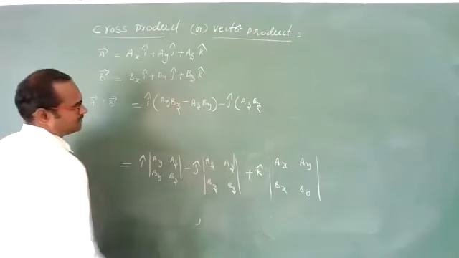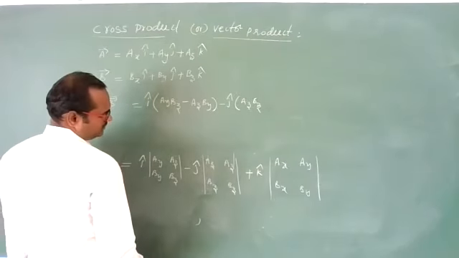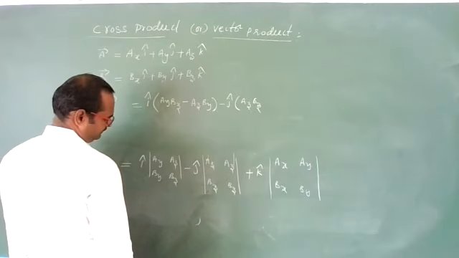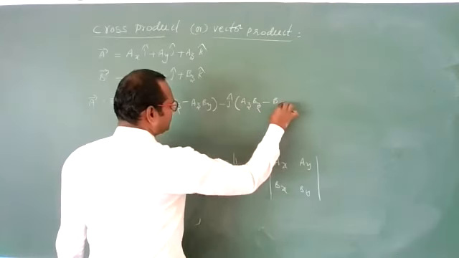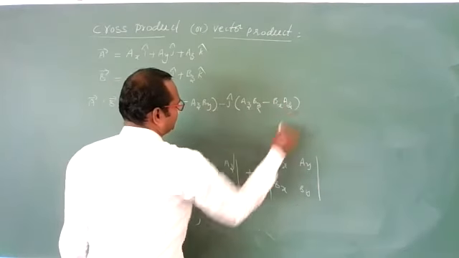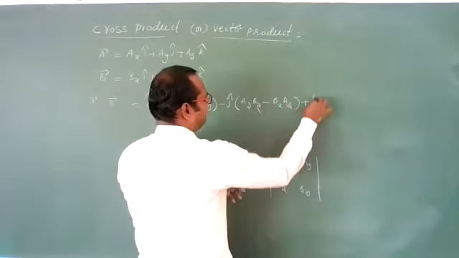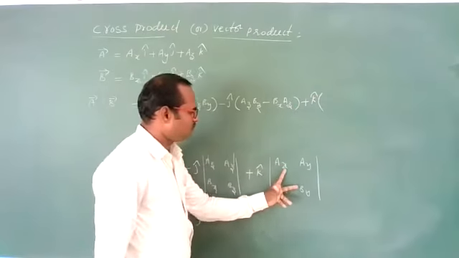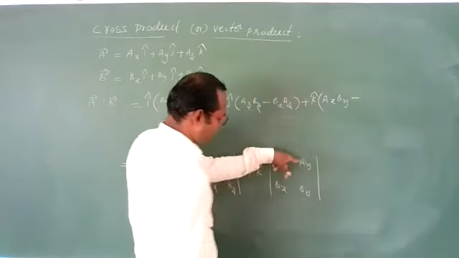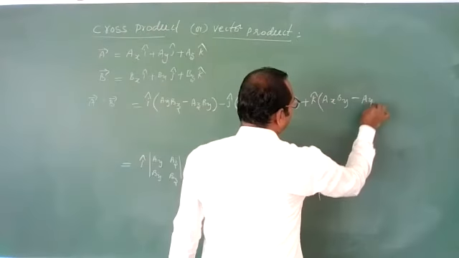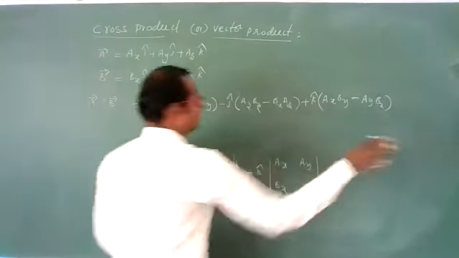Next, plus K cap: these two, AX, BY minus AY, BX. Finished. This will be the answer.